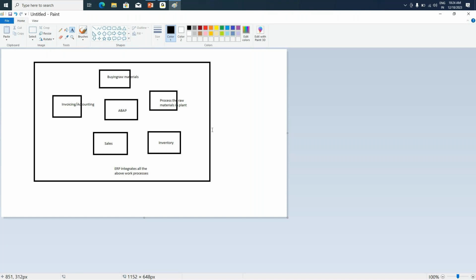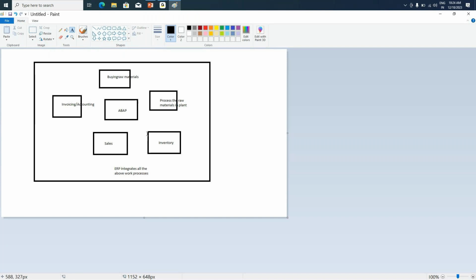For example, if in buying raw materials I have two people, here three people, four people, five people, like that, ABAP will have three times the work of other functional areas. If I'm having two or three people in other areas, ABAP will have at least three times that, so at least 9 to 10 people there. Because of that, you will have the advantage of more openings compared to any other module in SAP.